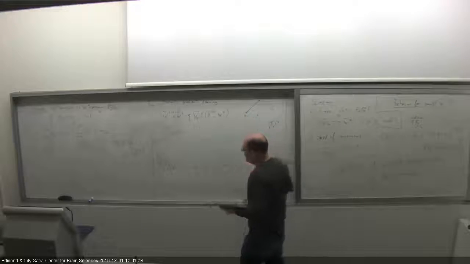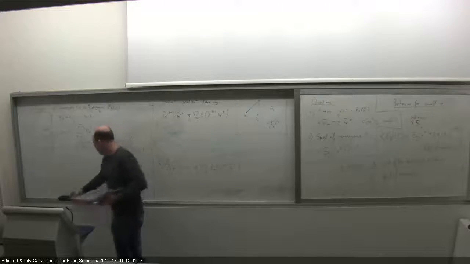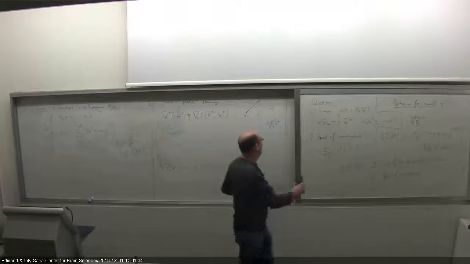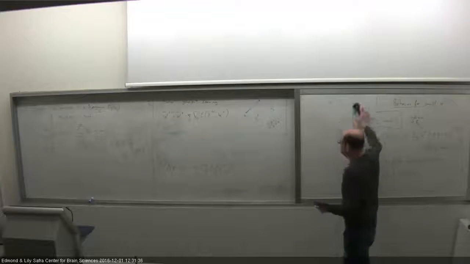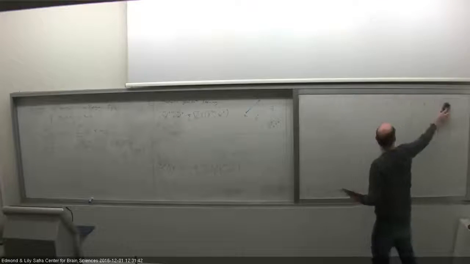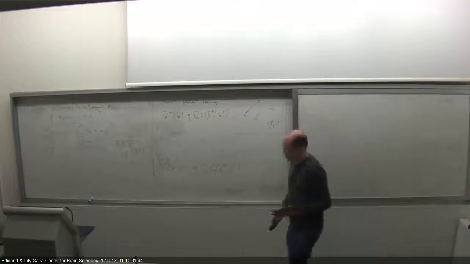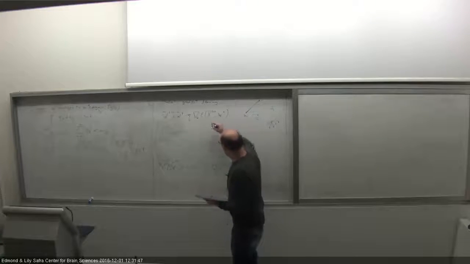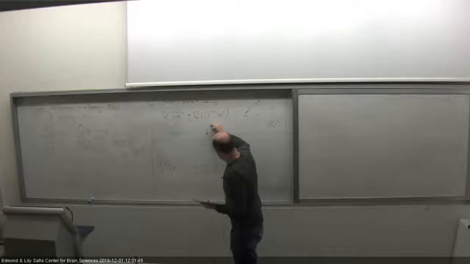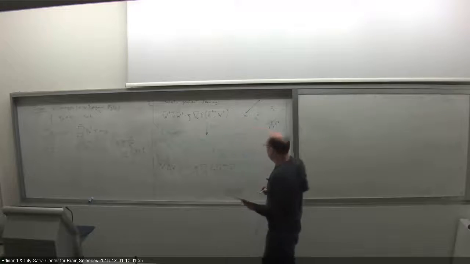I will leave this here for now because it's kind of the layout of the problem. So what I want to show is formally that this becomes this when eta goes to 0. Why is that true?